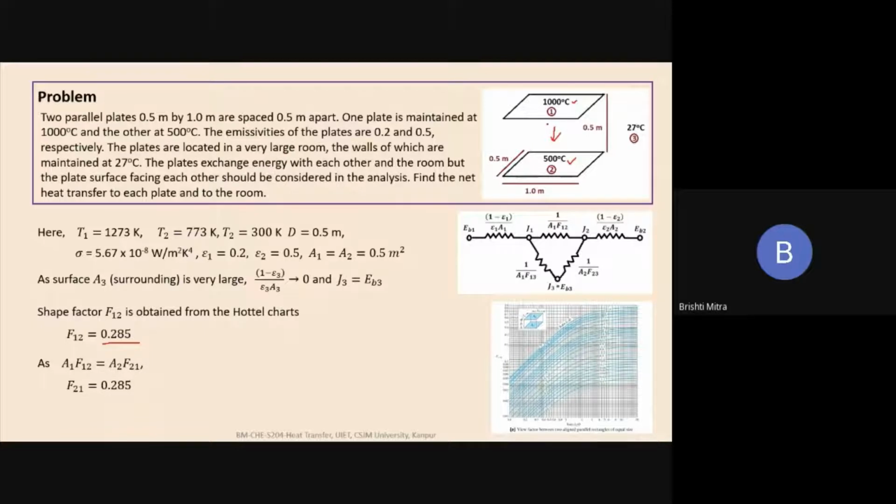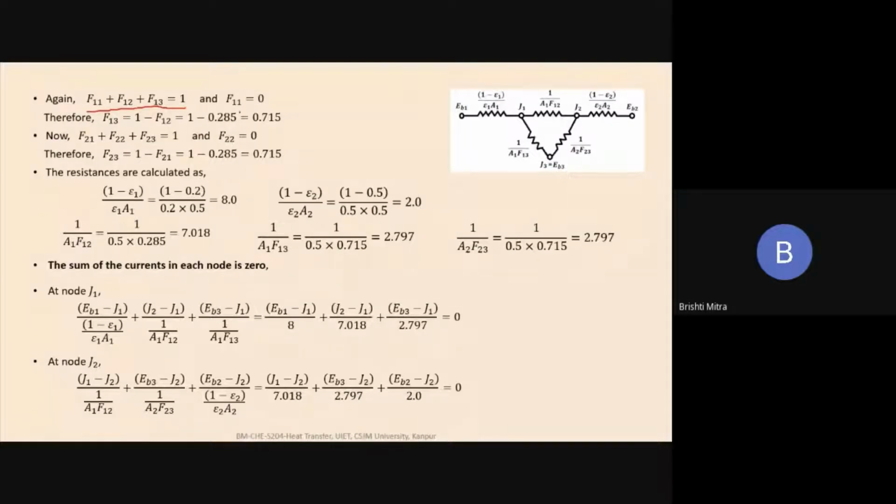Whatever comes out from 1 will either fall on body 2 or it will fall on body 3, which is the walls of the room. So nothing will fall on itself. So F11 becomes equal to 0. So F13 is equal to 1 minus F12. We have already found out the value of F12, and this helps us calculate the value of F13 as 0.715.